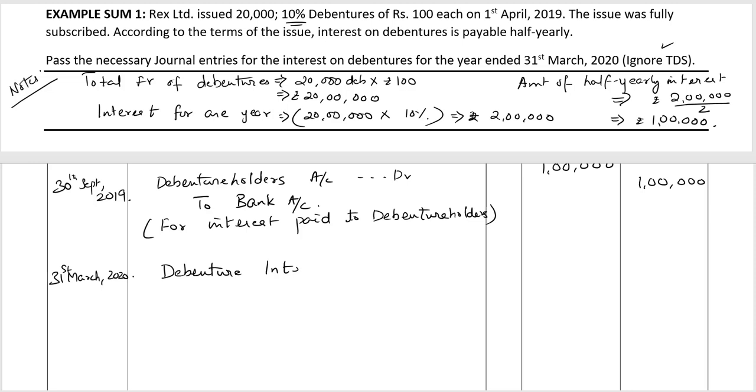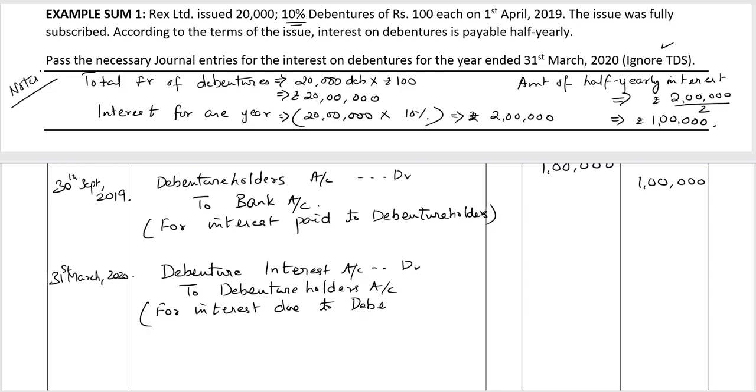Debenture interest account debit to debenture holders account for interest due to the debenture holders. Amount of half yearly interest due is 1 lakh rupees.